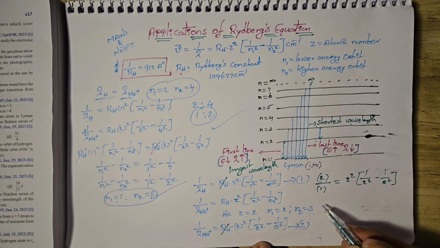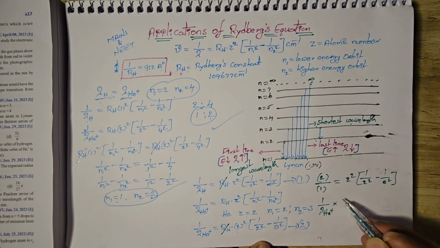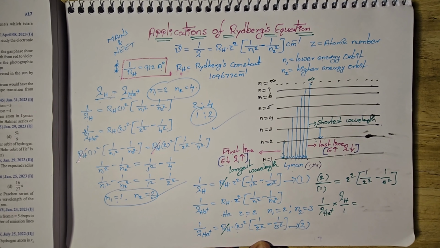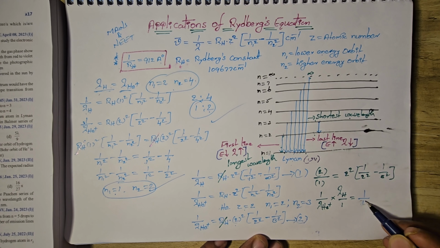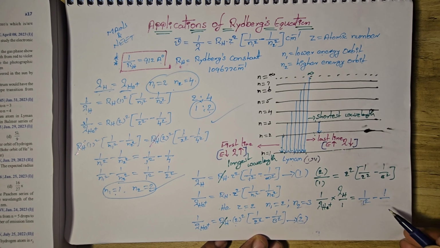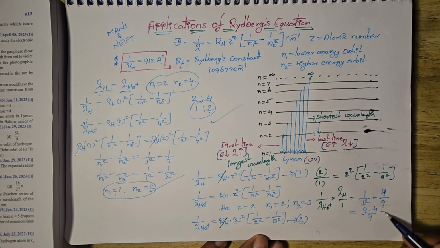So 1 by lambda helium plus into lambda of hydrogen by 1 is equal to, what is the value remaining? 2 square, 1 by 1 square minus... how much is remaining? 4 by 9. So (9 minus 4) by 9, 5 by 9, students.